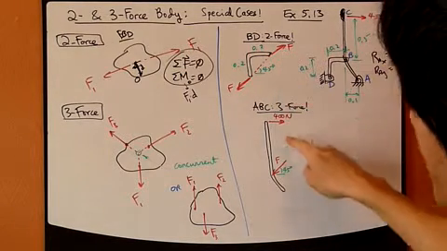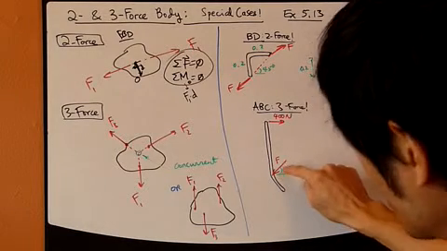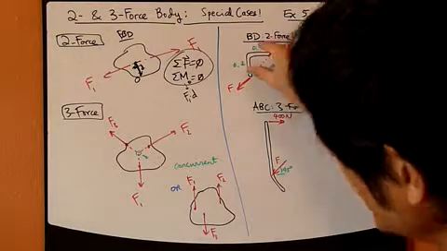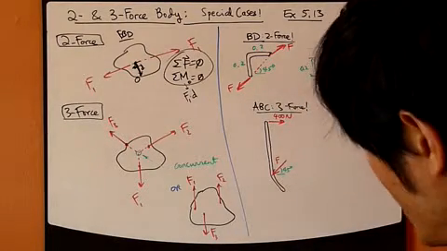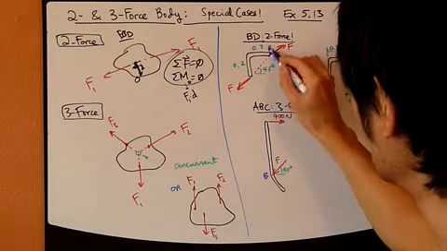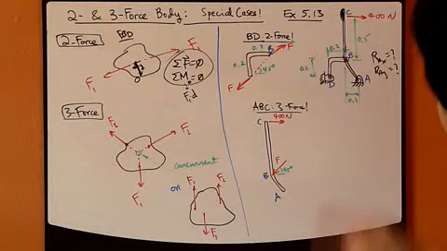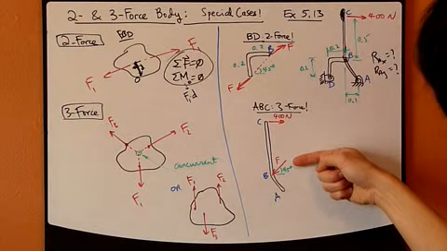And this force is the same as this force in terms of magnitude, but they're opposite, because this force now is the force exerted by BD on ABC. So that's point B, that's also point B. That's C to A. So these two are opposite.